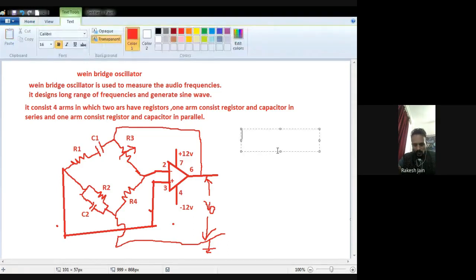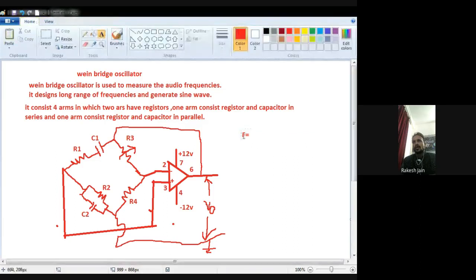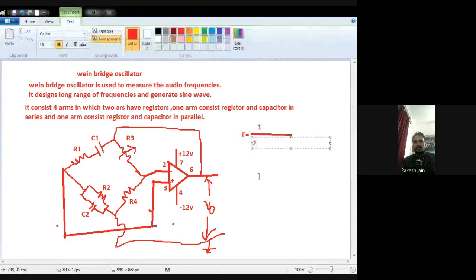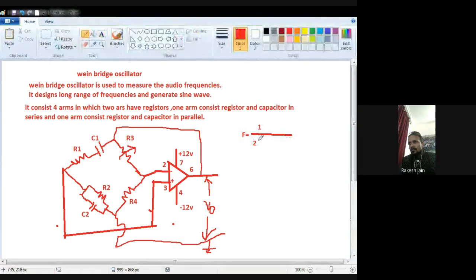As we know, the frequency of oscillation formula for the Wien bridge oscillator is 1 upon 2 pi RC, 1 divided by 2 pi root of R1 C1 R2 C2.